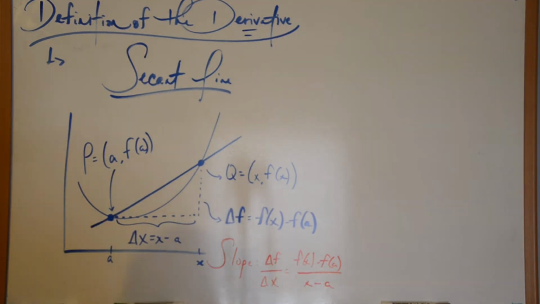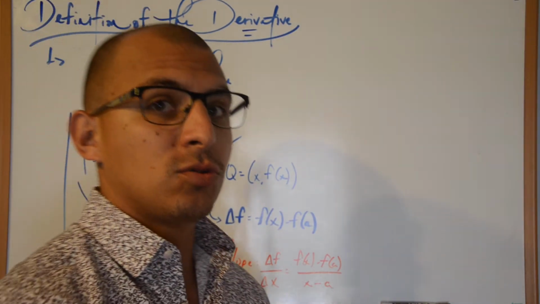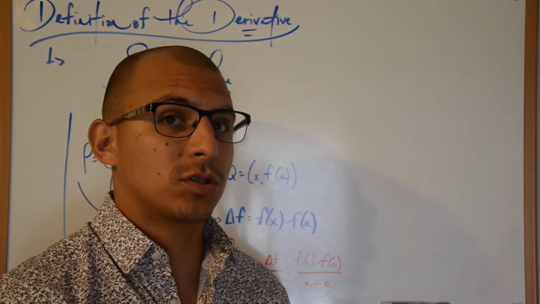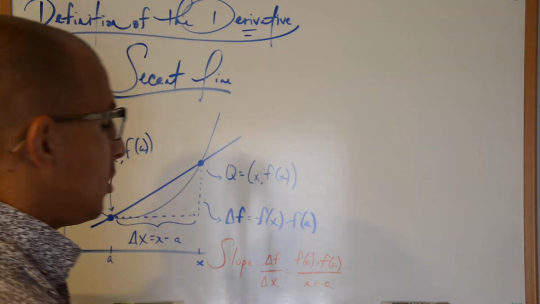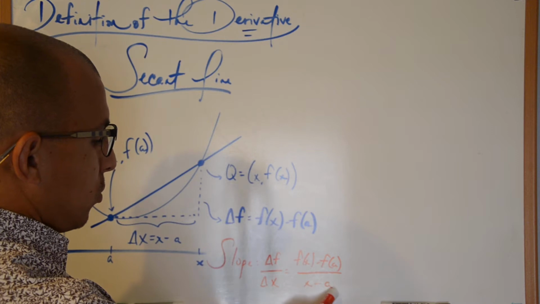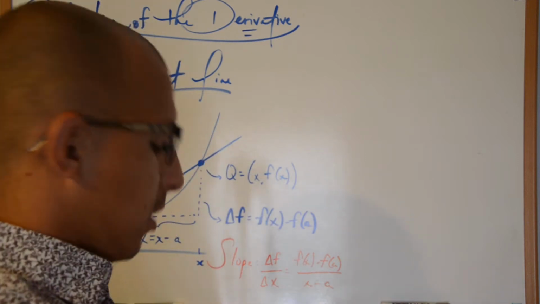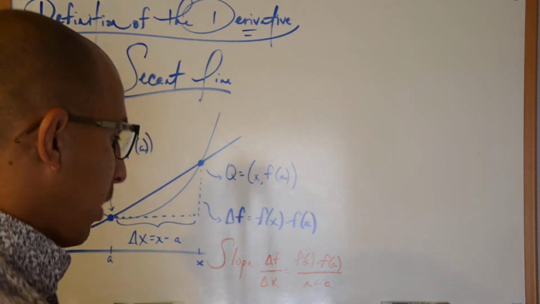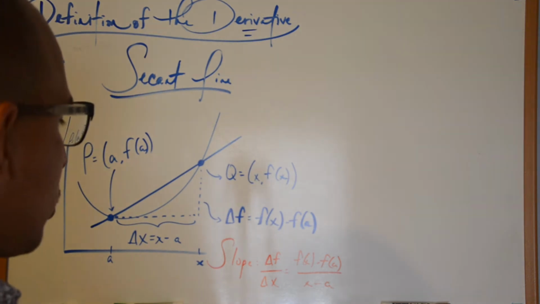Notice it retains similar structure to how you first learned it as an Algebra 1 student: y2 minus y1 divided by x2 minus x1. We've just beefed up how we write our expressions.